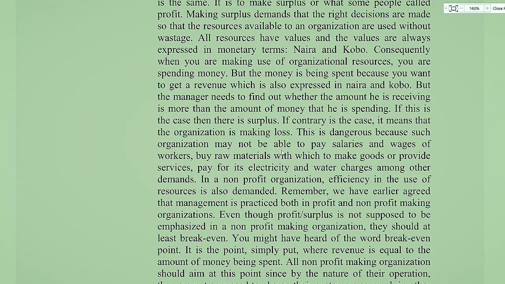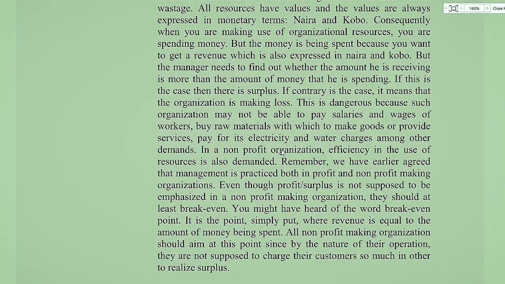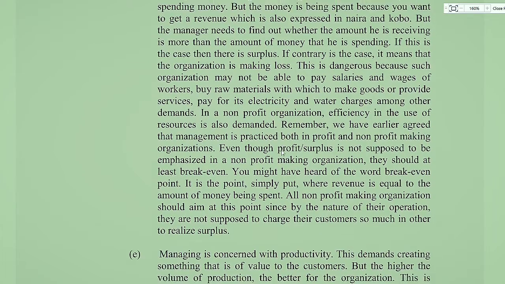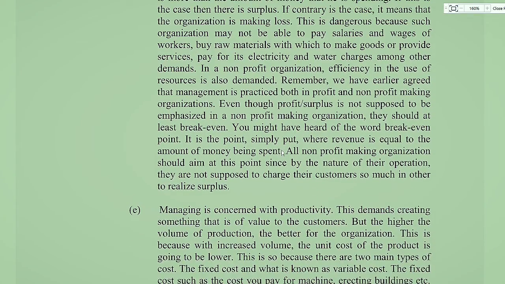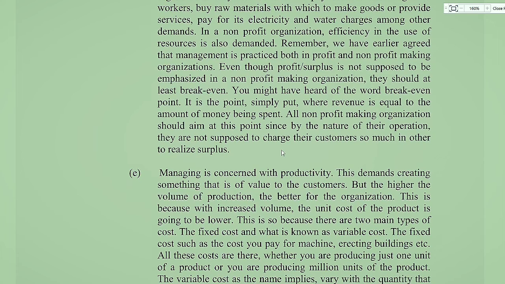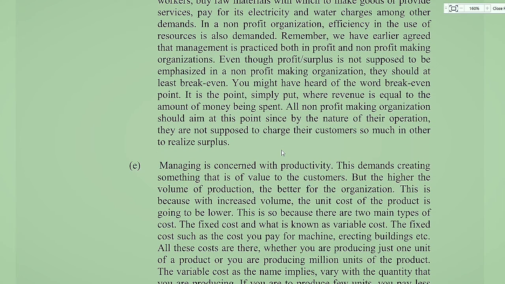In a non-profit organization, efficiency in the use of resources is also demanded. Remember, we have earlier agreed that management is practiced in both profit and non-profit-making organizations. Even though profit or surplus is not supposed to be emphasized in a non-profit-making organization, they should at least break even.